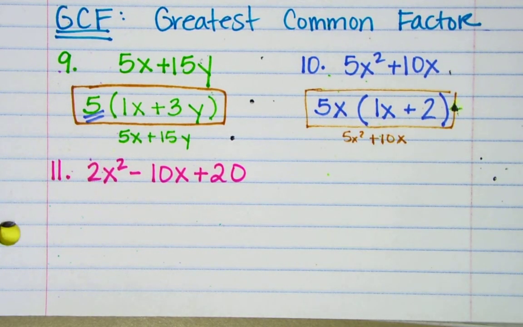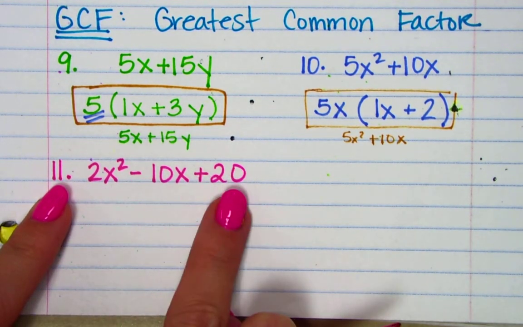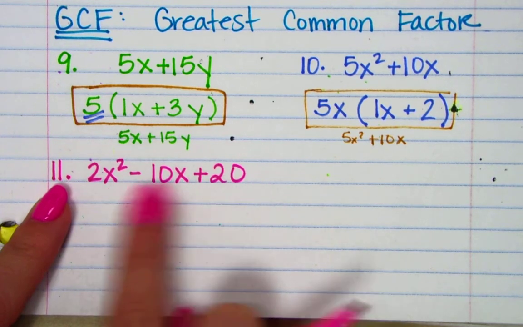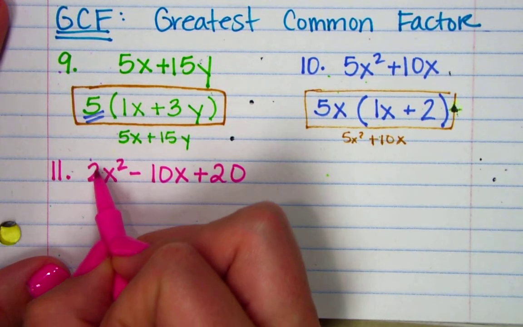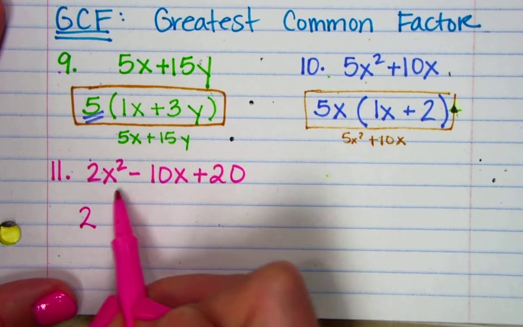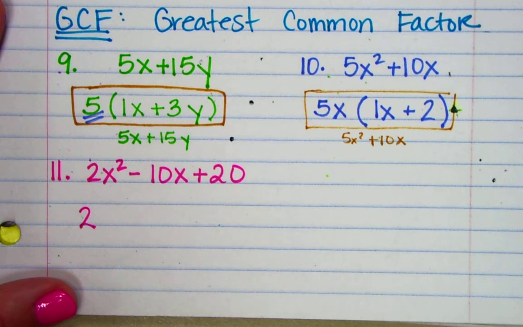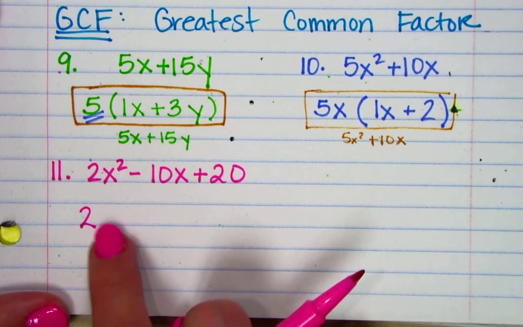Right now there's 3 terms, 2x squared minus 10x plus 20. So we have to look at all 3 of them. What's the highest number you can factor out of all 3 of those? 2, right? This is the only number there is, so we can't take a bigger number out of that. Right? And does every term have an x? No. Okay, 20 doesn't have an x, so we can't pull an x out here.